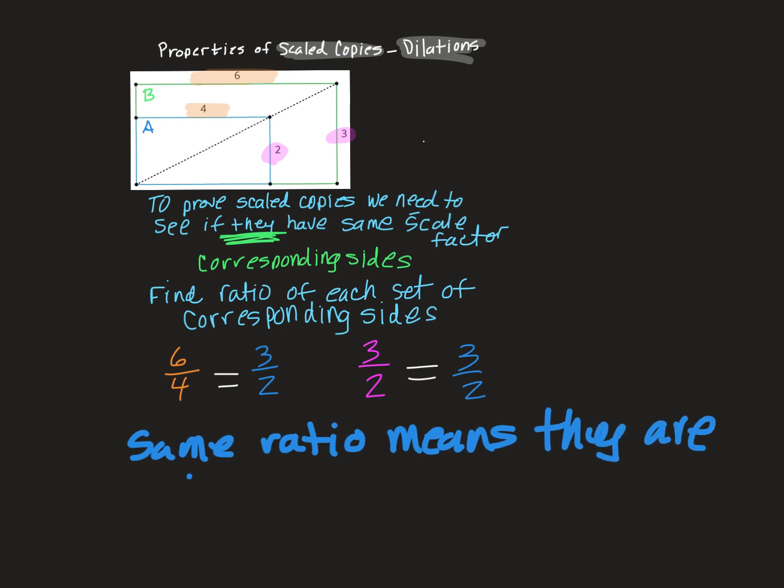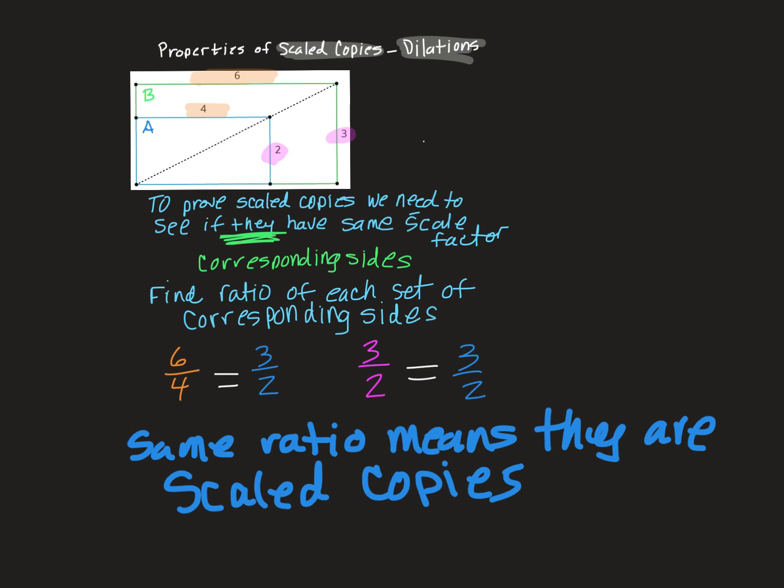If they're scaled copies, that means this also represents a dilation, because dilations, by definition, have to create scaled copies. If you scale up one side, you have to scale up every side by the same amount. So that 3 over 2 means that those are scaled copies of each other.